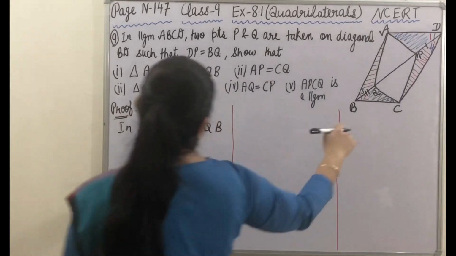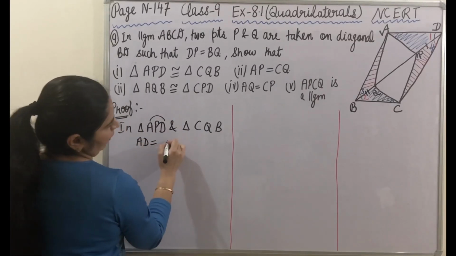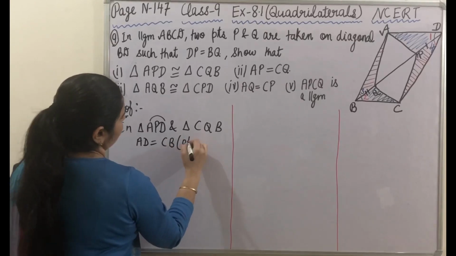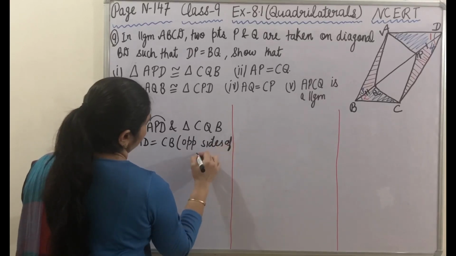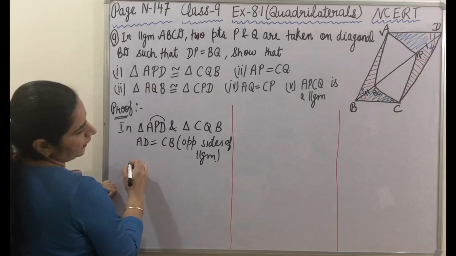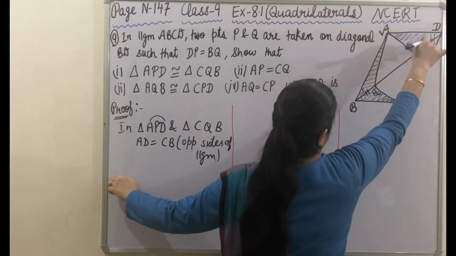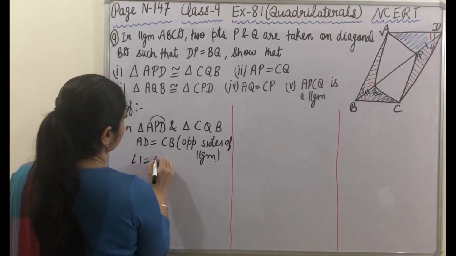So we can write here AD is equal to CB, opposite sides of a parallelogram. The second condition is in triangle APD: angle 1 is equal to angle 2.